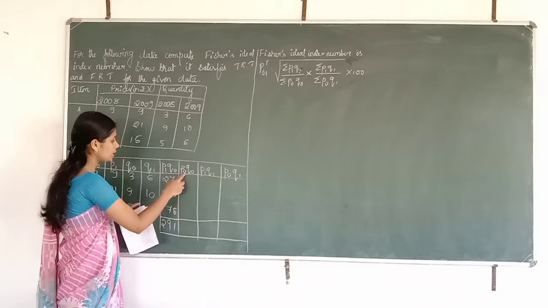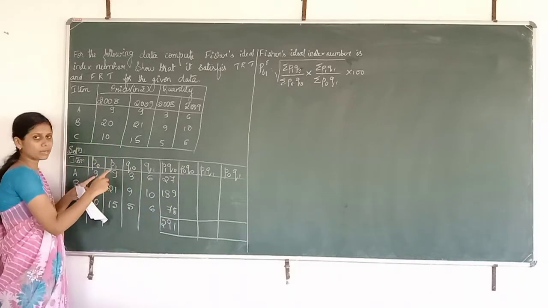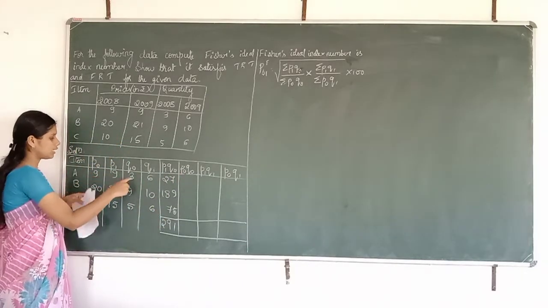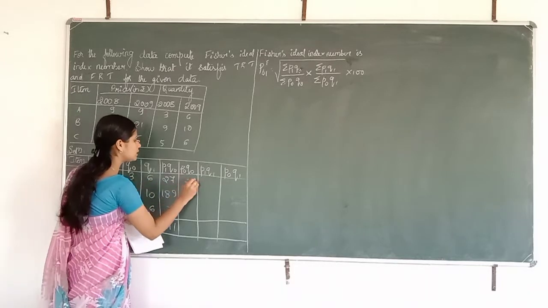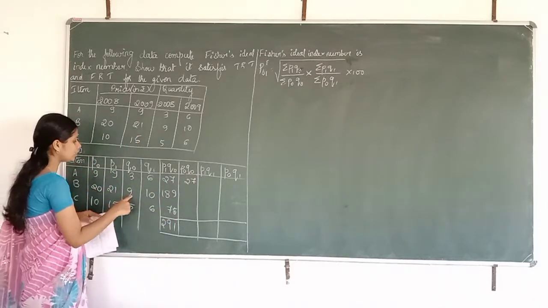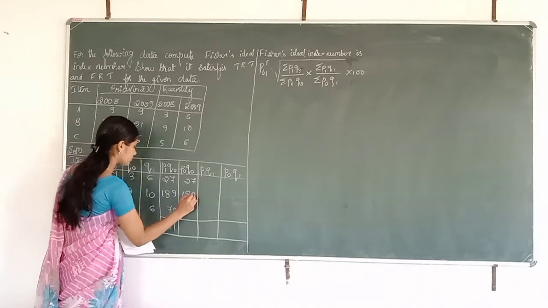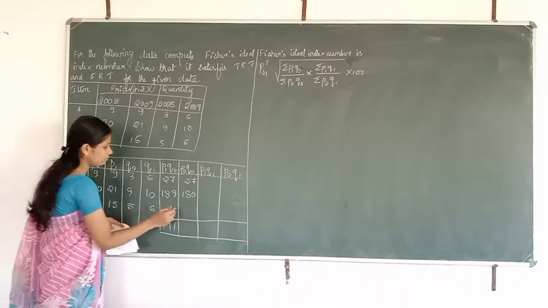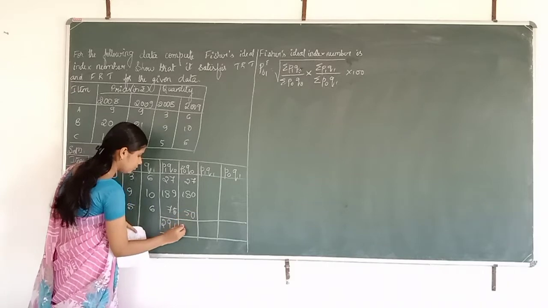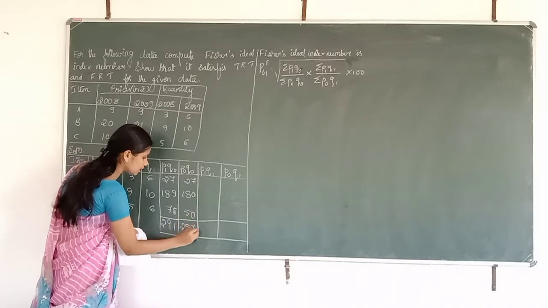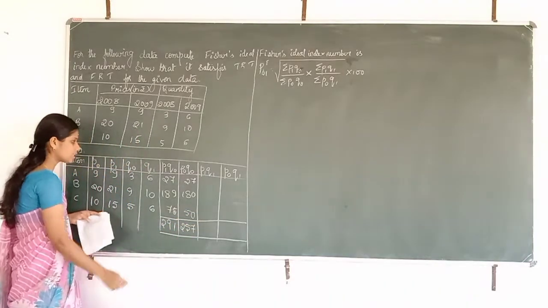Next, P0 Q0. That means you are going to multiply P0 column with Q0 column. 9 into 3, 27. Next, 20 into 9, it is 180. 10 into 5, 50. When you make the total comes to 257. Next, P1 Q1.